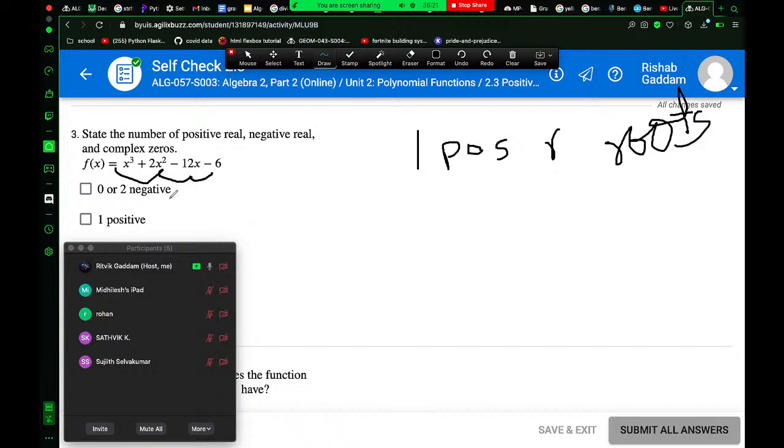So you have to do negative x to the power of 3, that's still negative x to the power of 3. Then 2 times negative x to the power of 2 is positive 2x to the power of 2, because a negative number squared is a positive number.